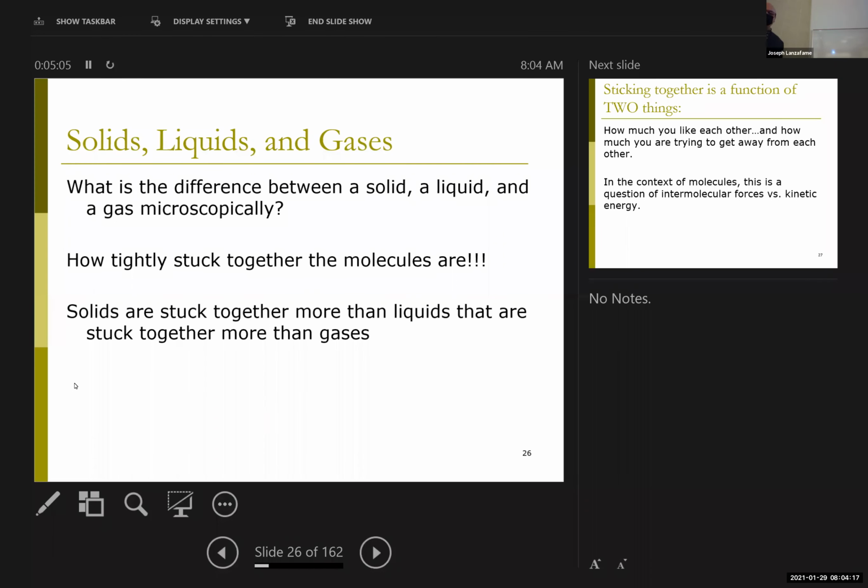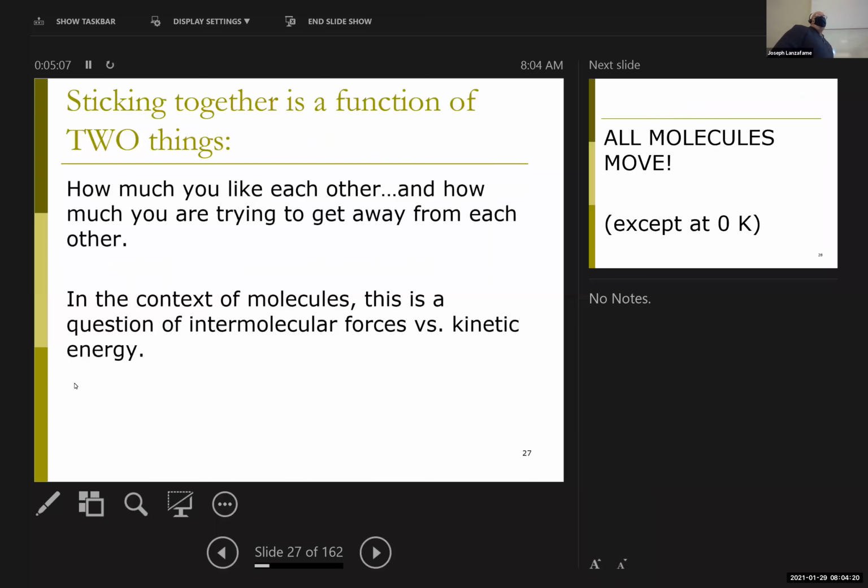What's different is how fast they're moving relative to those intermolecular forces. And so we'll talk a little bit later about phase in general. But there's always this balance between kinetic energy and pressure, as sort of the molecules trying to move and escape, and the intermolecular forces, which because they're always attractive, are always trying to hold the molecules together.